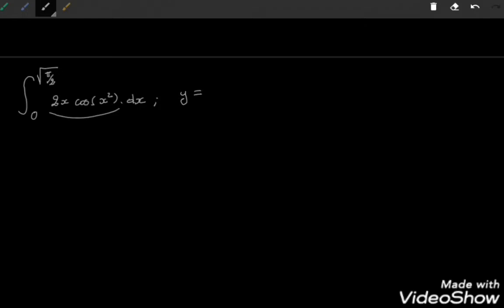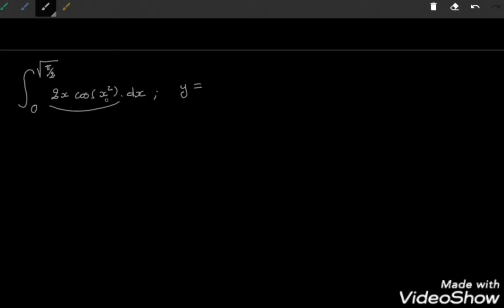One of the tricks is to take the term with the highest exponent, which is in this case x raised to the power of 2. So this is y of x, the new variable.